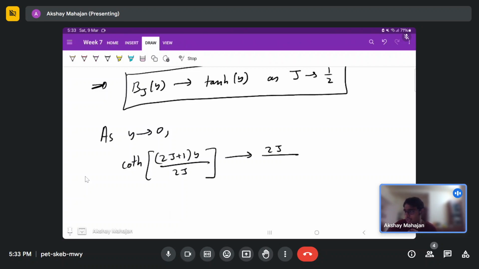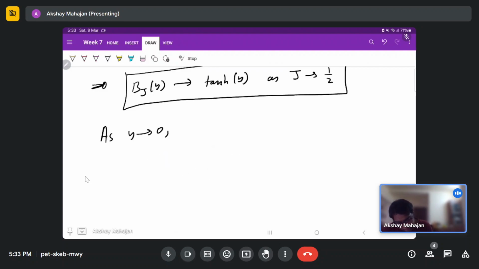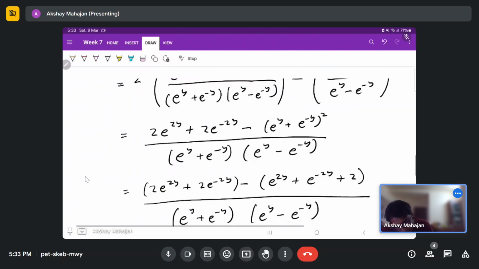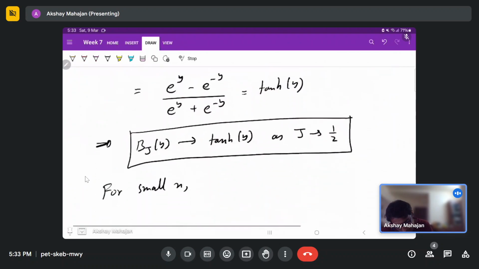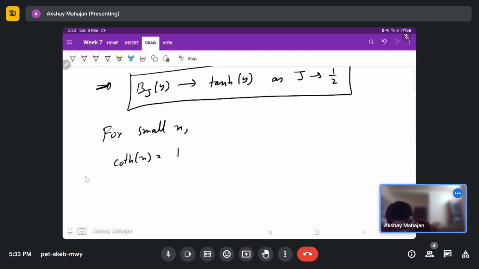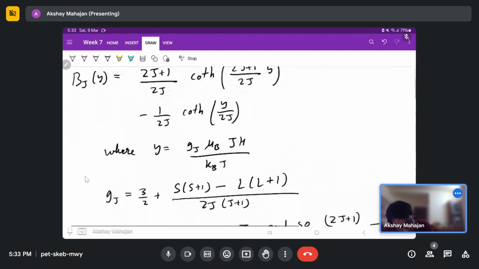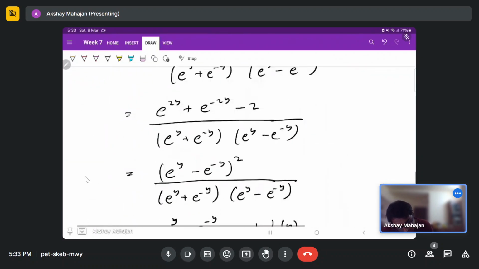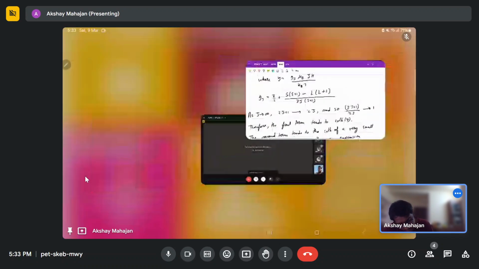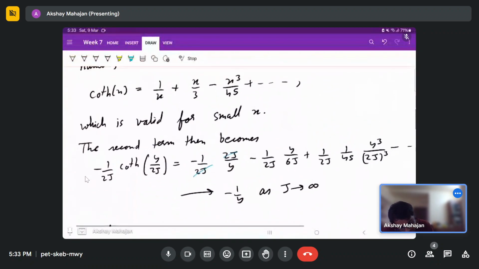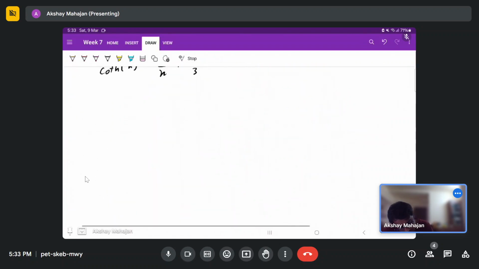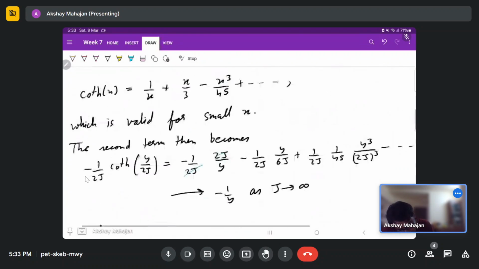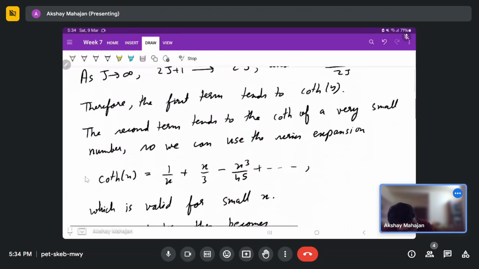So let me just rewrite the formula. For small x, we know coth x equals 1/x + x/3 - x cubed/45 and so on.